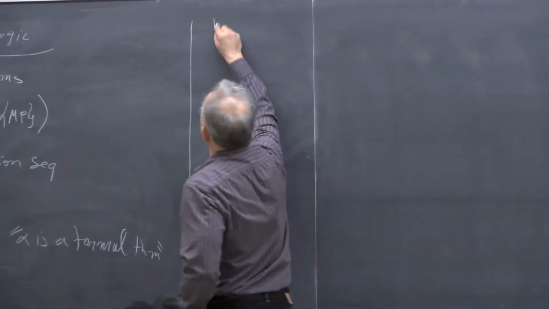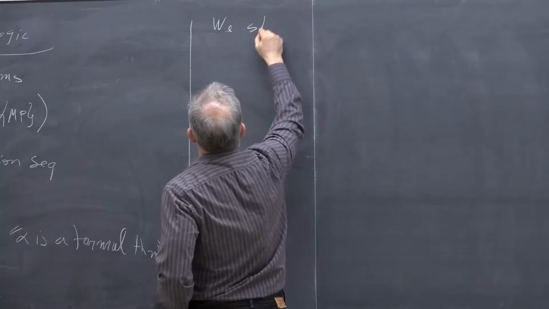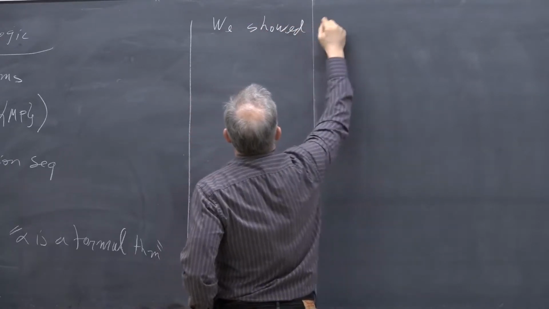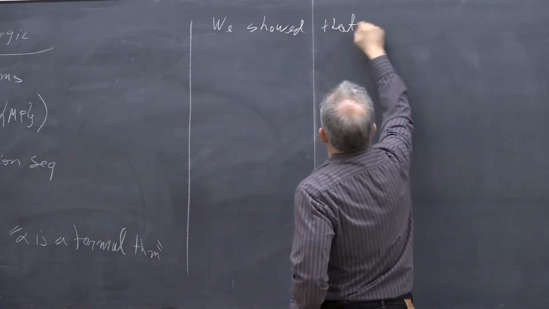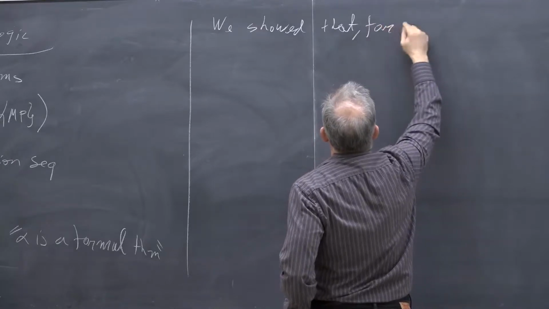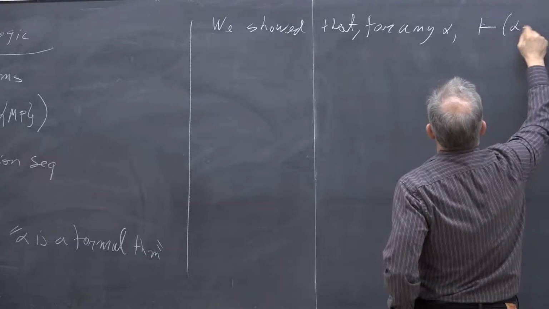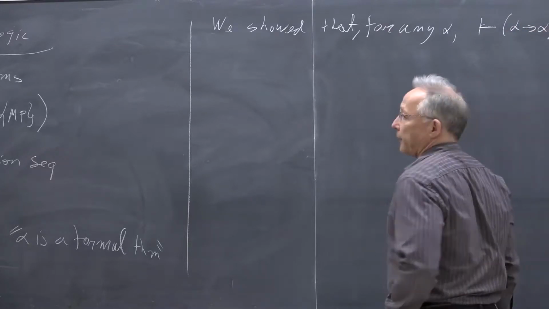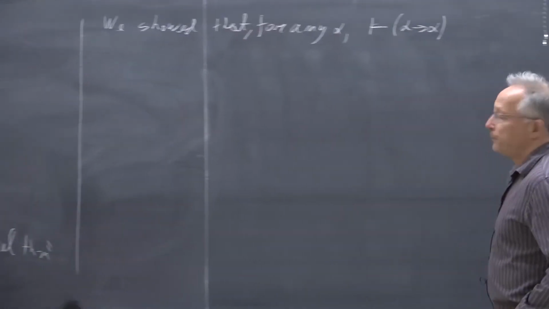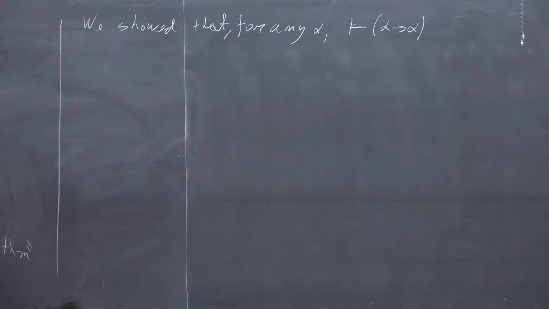So we showed that for any alpha, alpha implies alpha is a formal theorem. Right? And then we went on to show the soundness theorem.